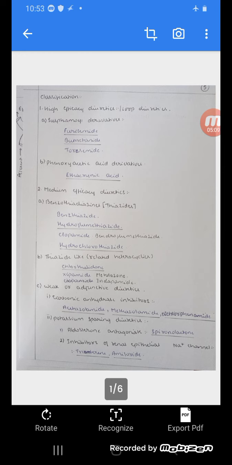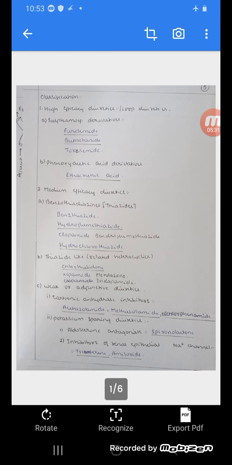Second is thiazide-like or related heterocyclics. An example is chlorthalidone. Coming to weak or adjunctive diuretics, it is carbonic anhydrase inhibitor. Examples are acetazolamide and methazolamide.